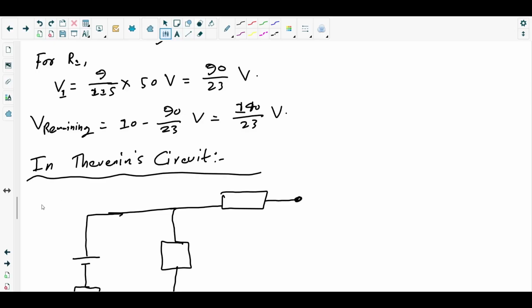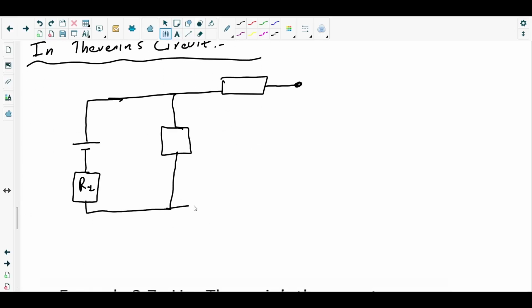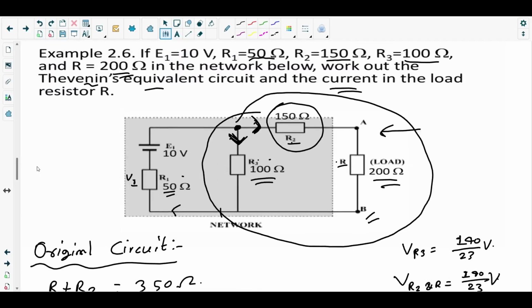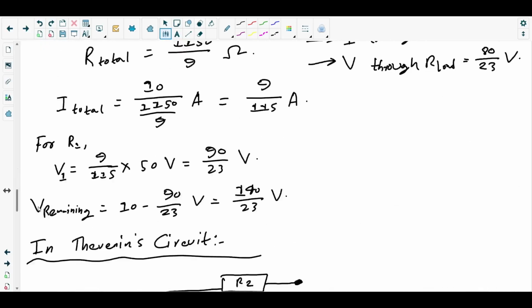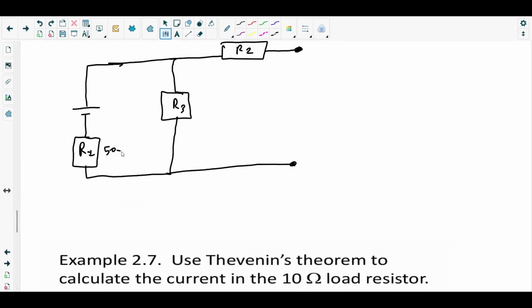We will take out the load from here. Okay, this is R1, this is R3, and that is R2, right? R3 and R2. So 50, 100, 150 ohm.